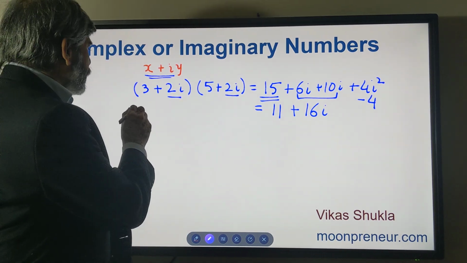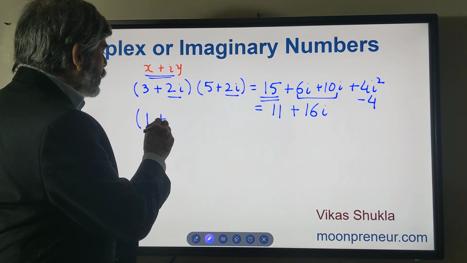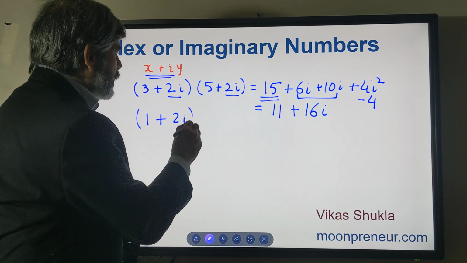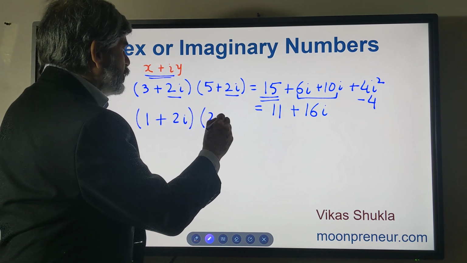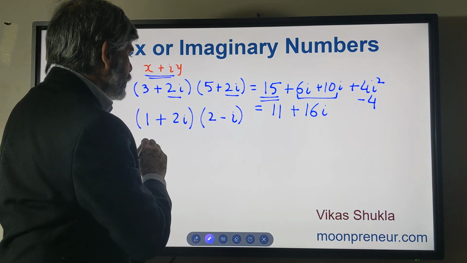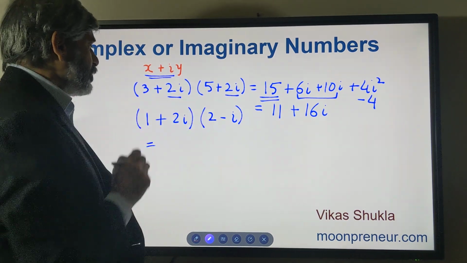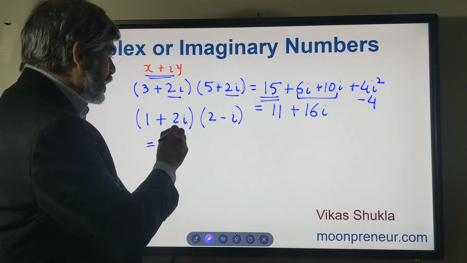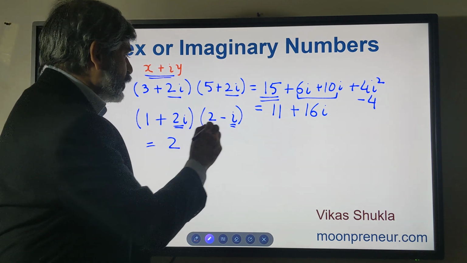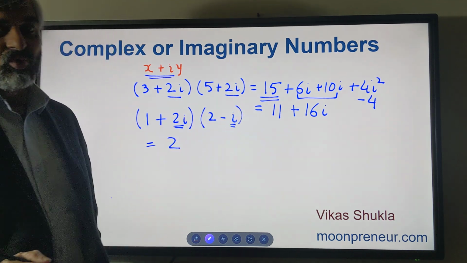Let's take another quick example, maybe a simpler one. 1 plus 2i multiplied by 2 minus i. 1 multiplied by 2 is 2, and this time I'm going to multiply 2i with minus i, so minus 2i squared.